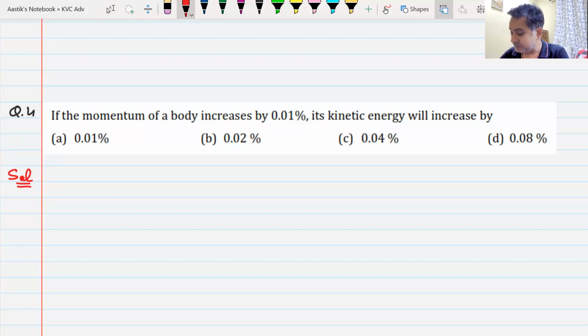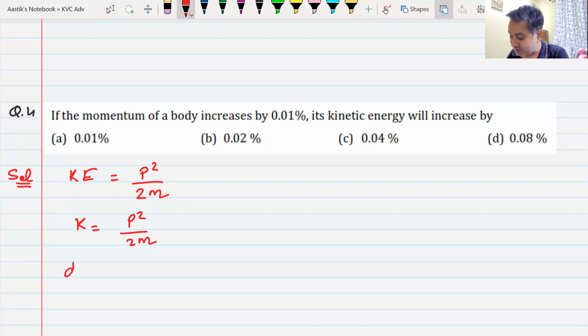You can write the kinetic energy K as P square by 2m. Yes or no? Yes, sir. So K is P square by 2m.